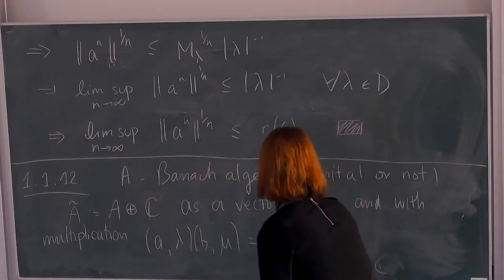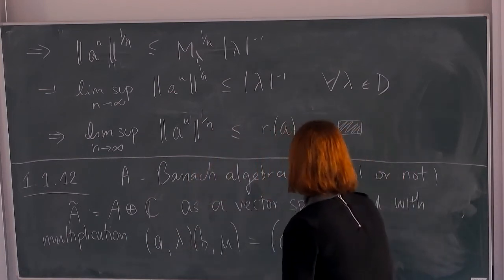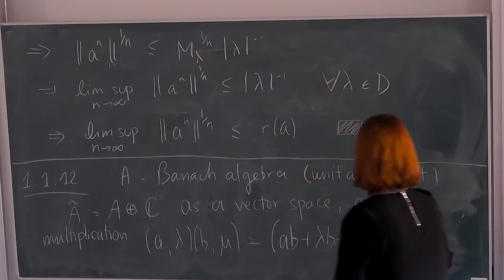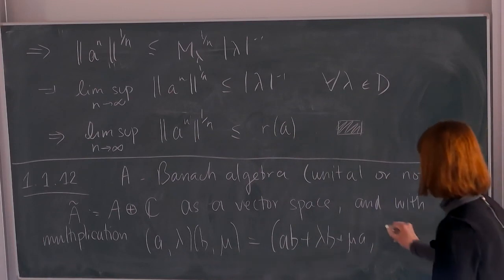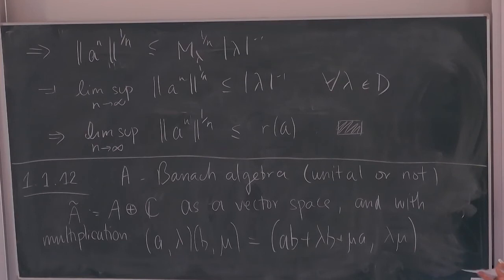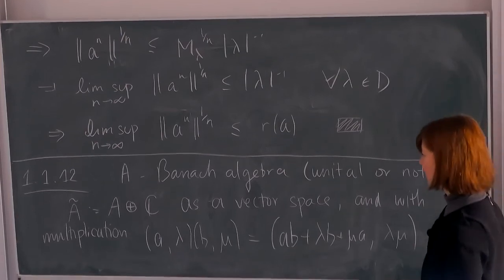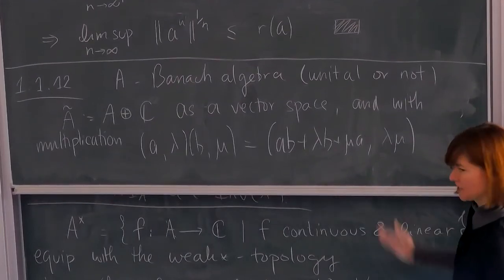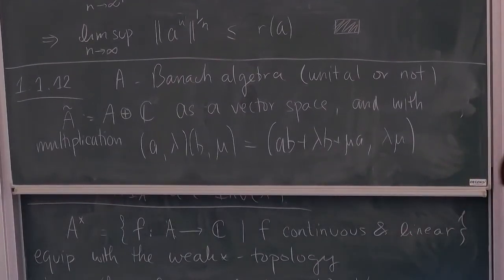So we will take (ab plus lambda b plus mu a), which is certainly an element in A, and lambda mu as our element in C. Okay, so this is now a nice algebra, which you'll note is now a unital algebra.